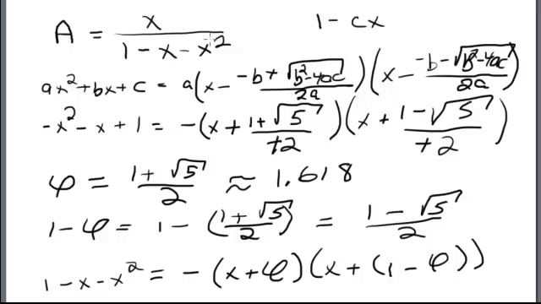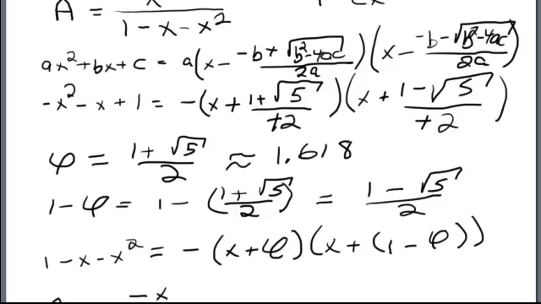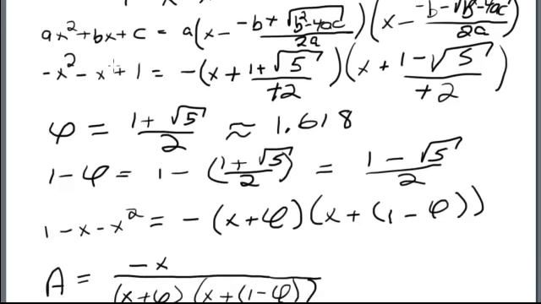So the first step, because we want to do a partial fraction expansion, was to factor this denominator, and we're just using the basic quadratic formula. We computed the roots of this guy right here, and it turned out to be this times that.